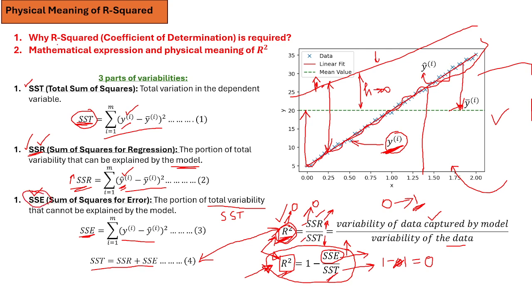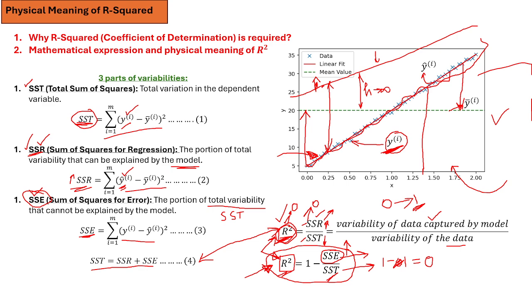We also want the value of R squared to be between 0 and 1. We never want it to go beyond 1, which is physically impossible, and we don't want it to be closer to 0. The whole purpose of fitting, or using any algorithm to optimize our prediction line, is to make sure that our R squared value is very close to 1.